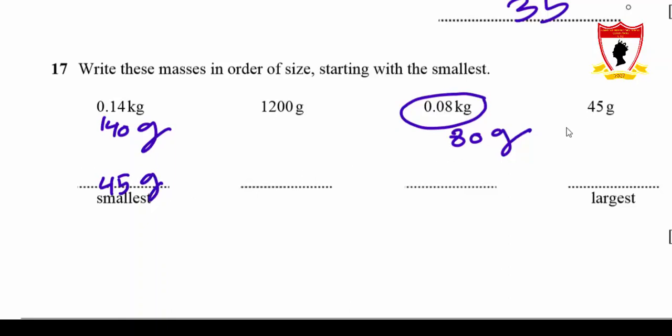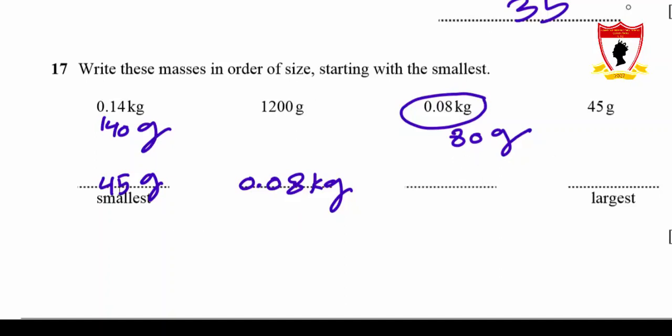And after 45 grams, we have 80 grams, but it's given in the question as 0.08 kilogram. That's what we have to copy, 0.08 kilograms, because it's given like this in the question. This number here just helps us to order them.